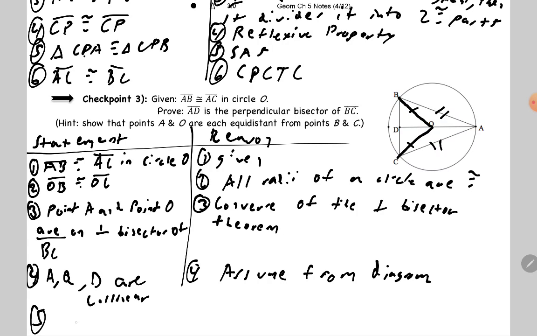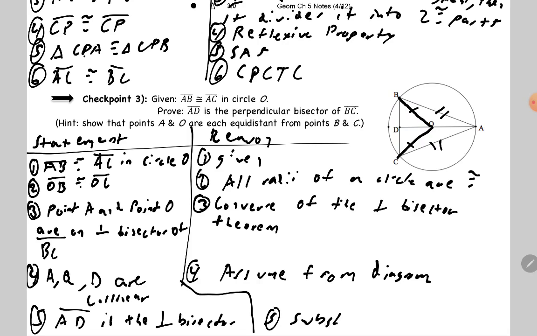So now I can say that AD is the perpendicular bisector because of substitution. But basically what I did was, since A, O, and D are collinear, that means you can create the line AO or AD.